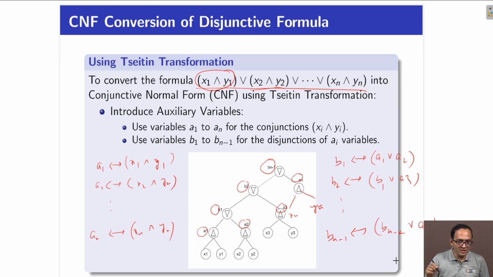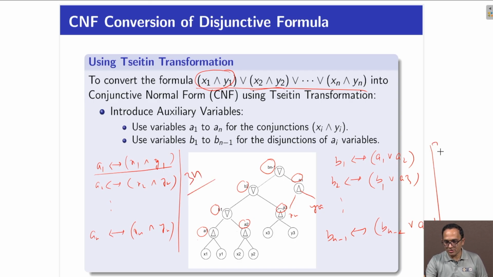So, these are the clauses I will get, and I have already shown you that usually I will get 3 clauses for each of them. So, I will get 3n here, and 3 into n minus 1 here, which is 3n minus 3 clauses, and I have the top-level one, which is 1. So, 3n plus 3n minus 3 plus 1 is 6n minus 2 clauses, and the new variables I have introduced number 2n minus 1.